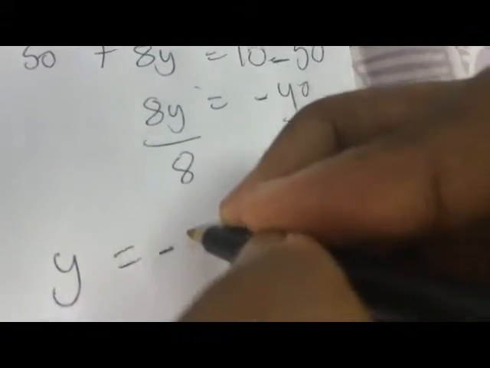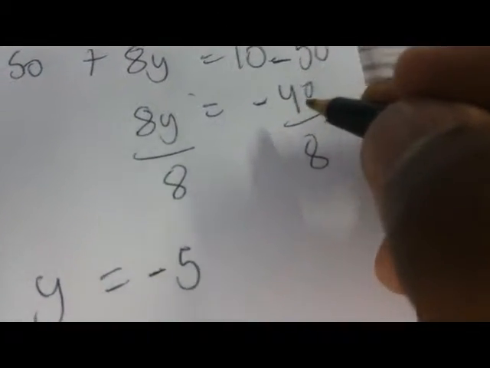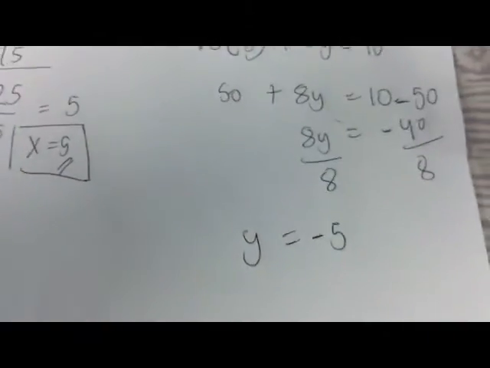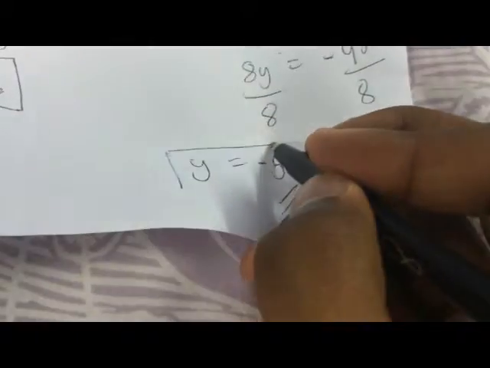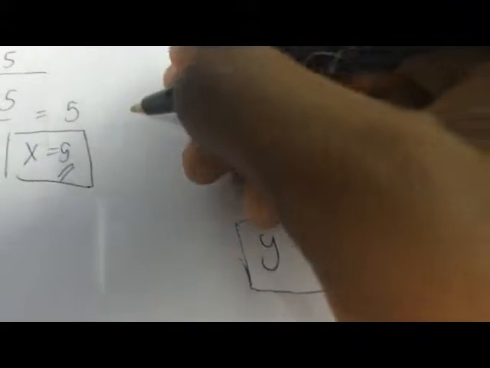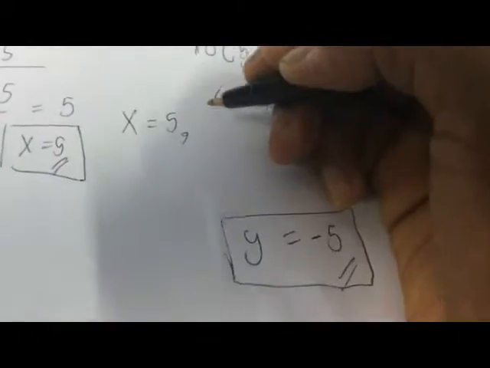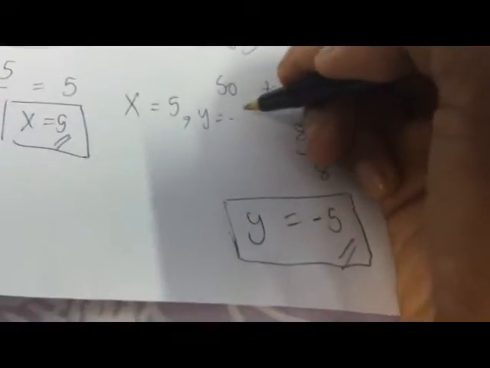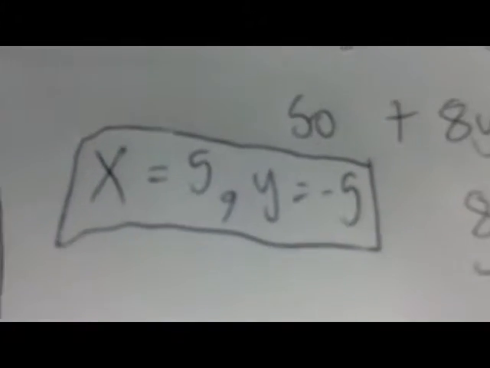So y equals negative 5, because negative 5 times 8 equals negative 40. So y is negative 5. So the final answer will look like x equals 5 and y equals -5. This is the answer.